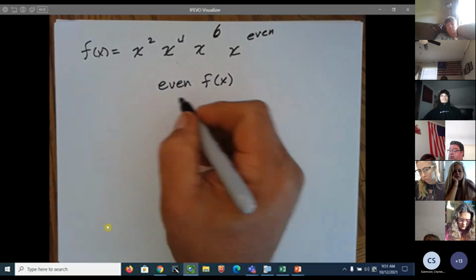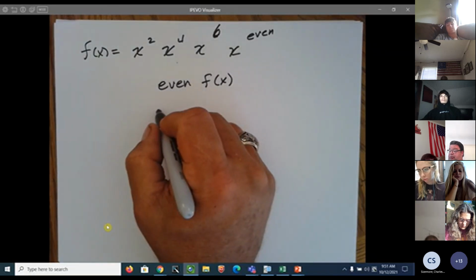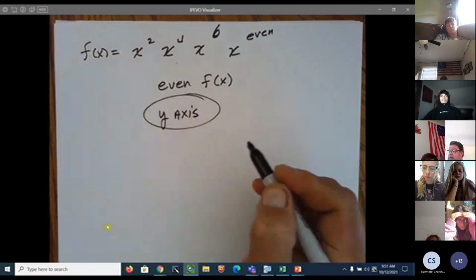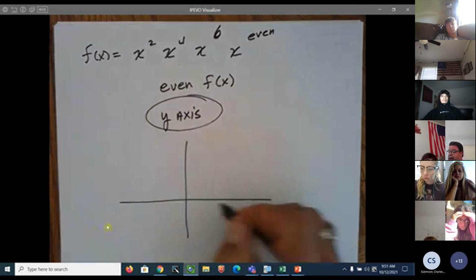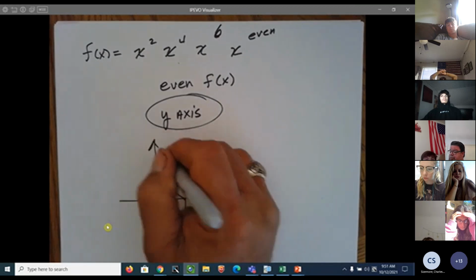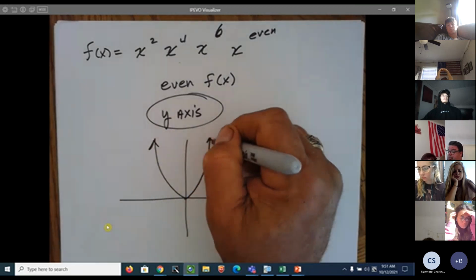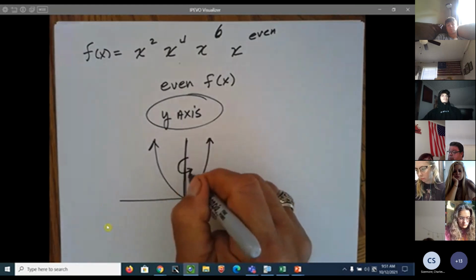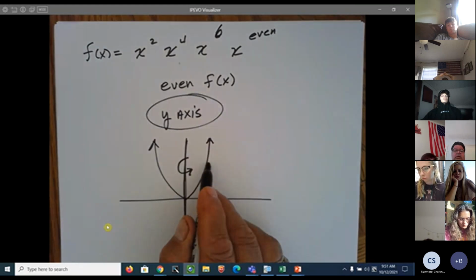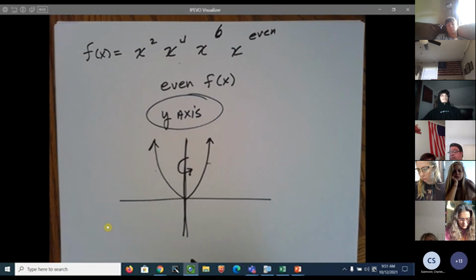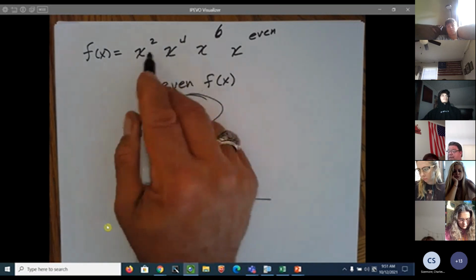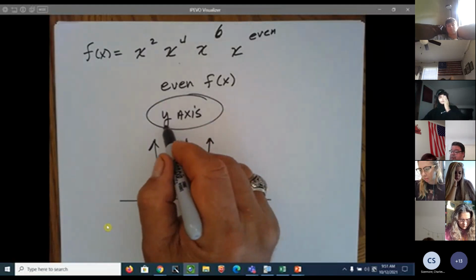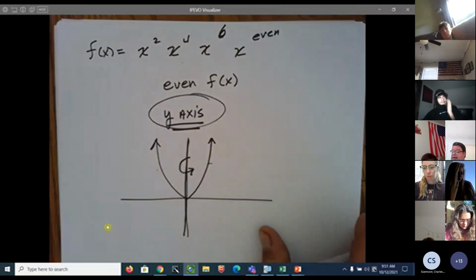An even function is symmetrical about the y-axis because you have a parabola. It is symmetrical around the y-axis. So that means that this side looks like this side and this side looks like this side. So if you have an even function by itself, we know it is symmetrical around the y-axis.